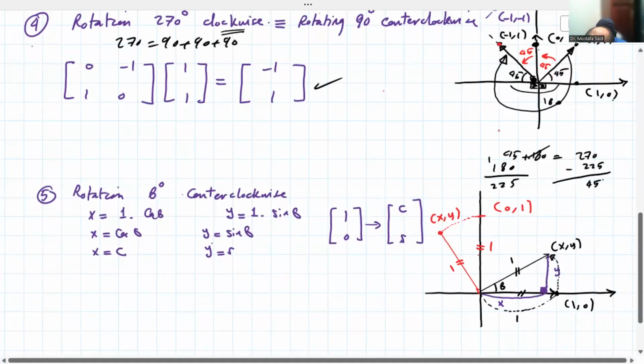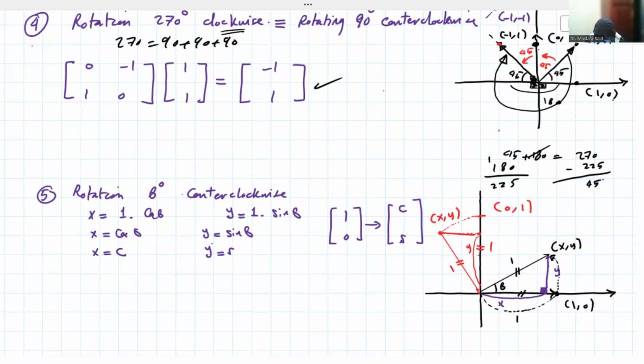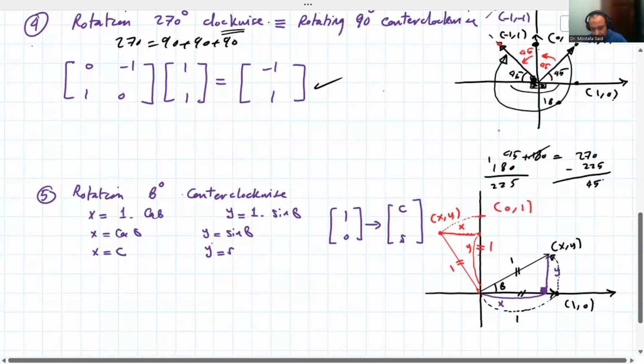This new point has two coordinates, x, y, as I said. This is the angle theta.